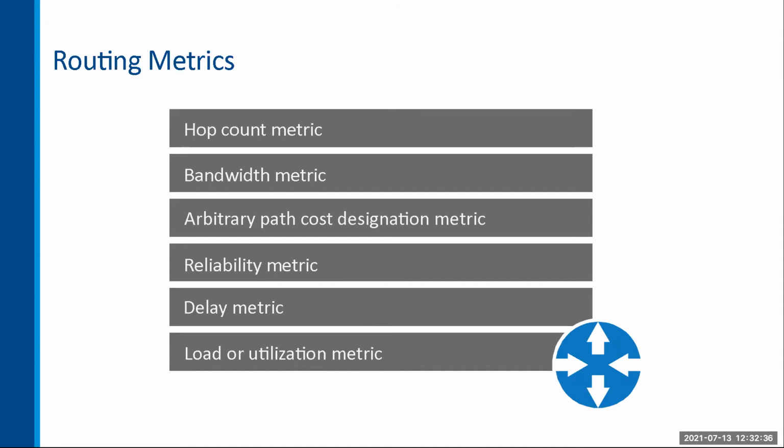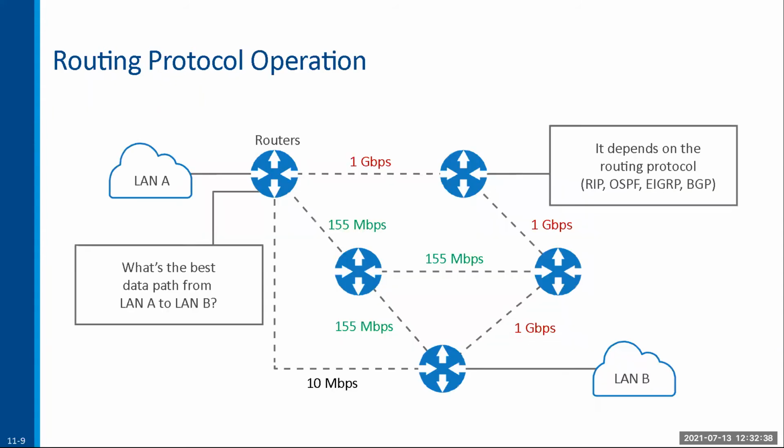And here we see that carried out briefly on the next slide. What the best path would be is dependent upon the protocol that you chose for this resource. And if you chose RIP, the best way to get from one router attached to LAN A to the router attached to LAN B would be that 10 megabit per second link.